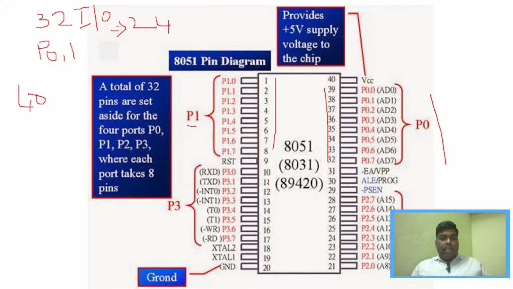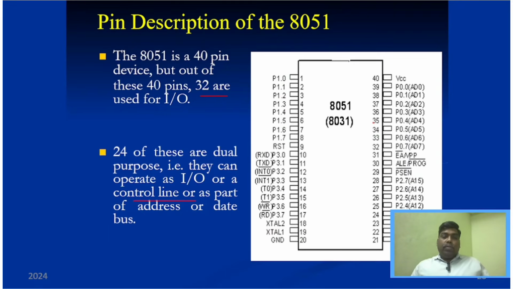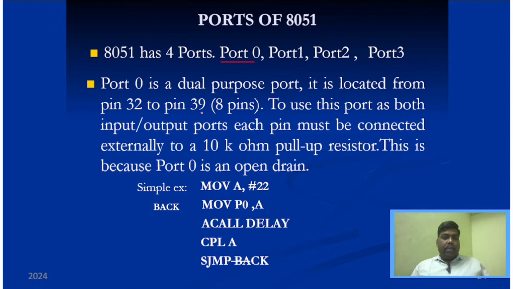You have pins for port 3 as well, and similarly for port 2. These pin numbers are very important. For port 0, as I said, it is from 32 to 39, which is 8 pins, and we can configure it as input or output port. It is dual purpose.